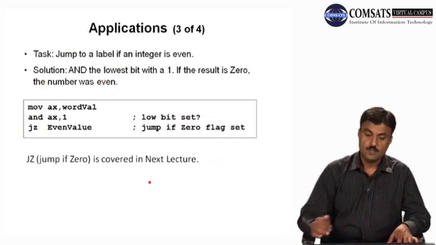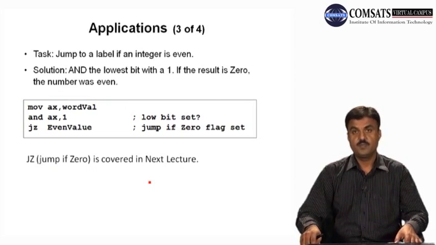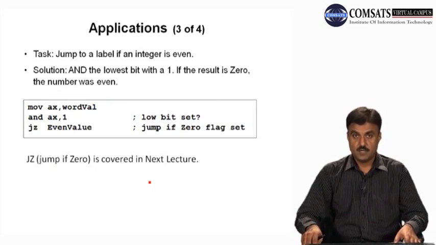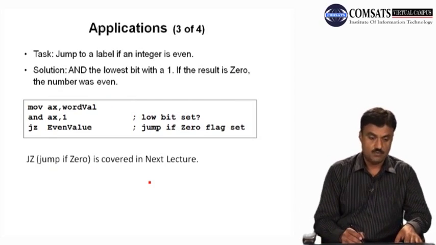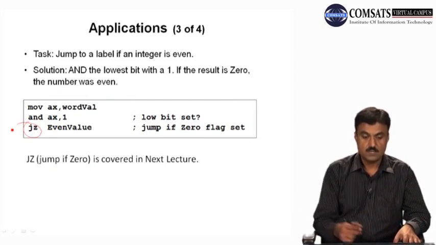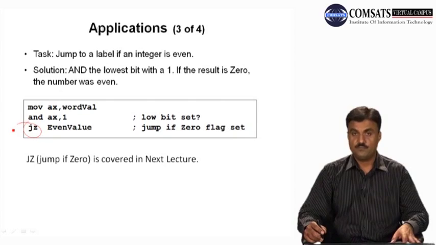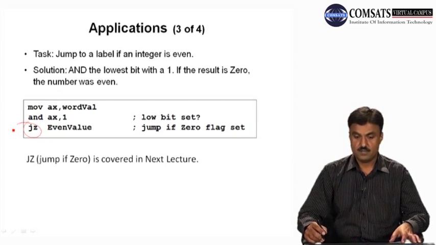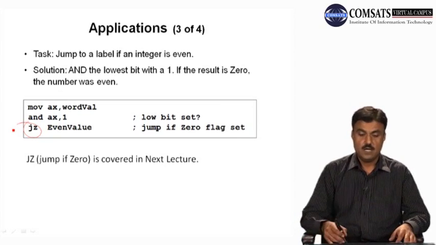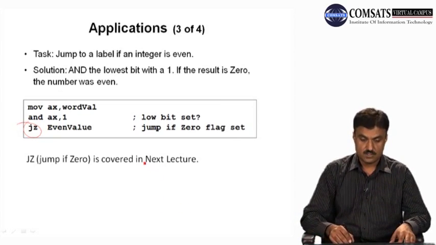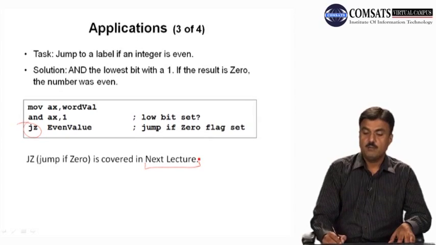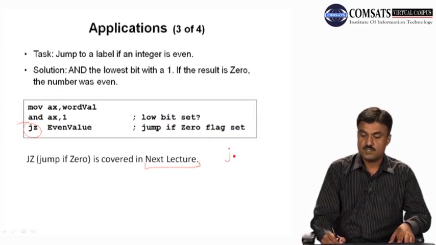Now the third application. In this application there is, for example, one instruction called JZ, jump if result is 0, or jump if zero flag is set. We will cover this instruction in the next lecture, but we already know there is a jump instruction, JMP, and we also discussed the loop instruction.